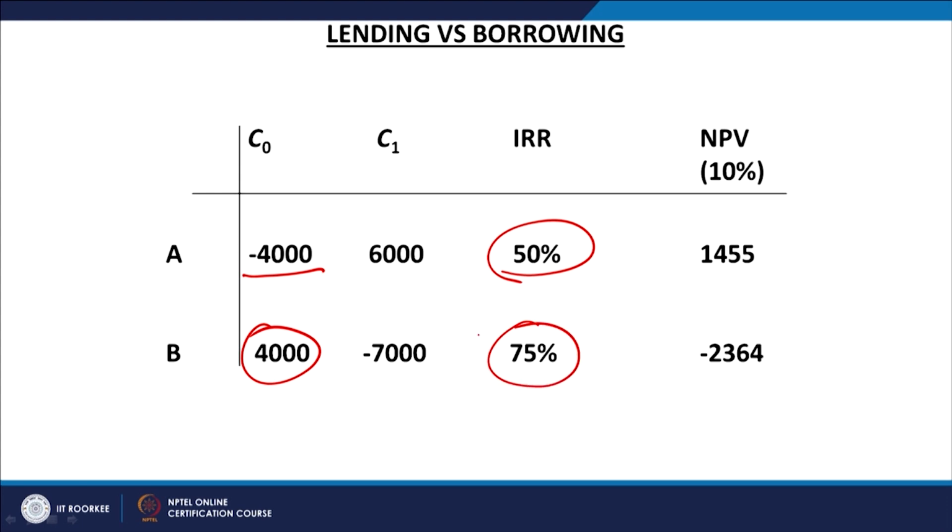Now, if we do not know the background and do not make the entire analysis in the light of the total information available, what will we do? We will take a decision in favor of project B, that project B is better than project A, because project A's IRR is 50% and project B's IRR is 75%. So, we will go for project B.